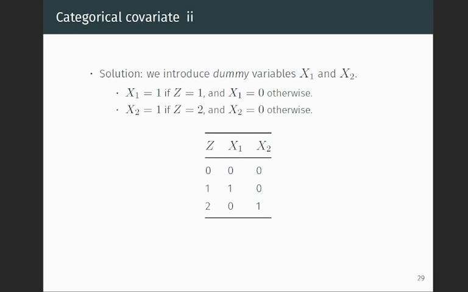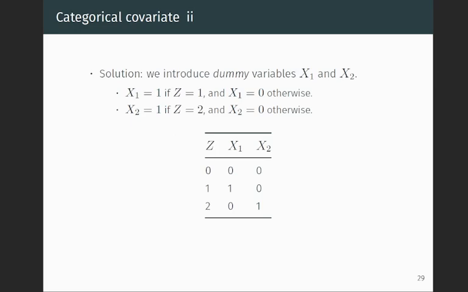And so just to summarize this, you can put all of this in a table to keep track of the values of x1 and x2 depending on the values of z. So if z is equal to 0, both x1 and x2 are equal to 0. If z is equal to 1, x1 is equal to 1 and x2 is equal to 0. And then finally, if z is equal to 2, x1 is equal to 0 and x2 is equal to 1.